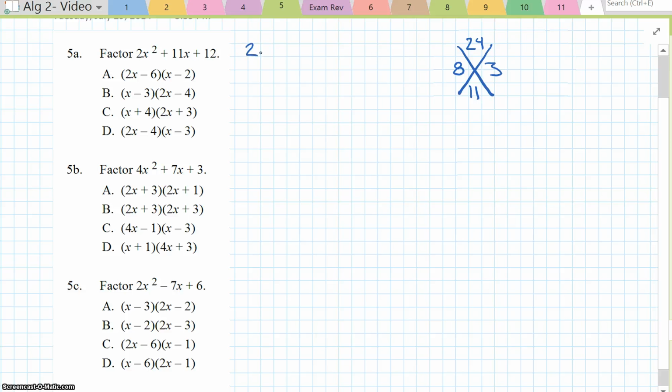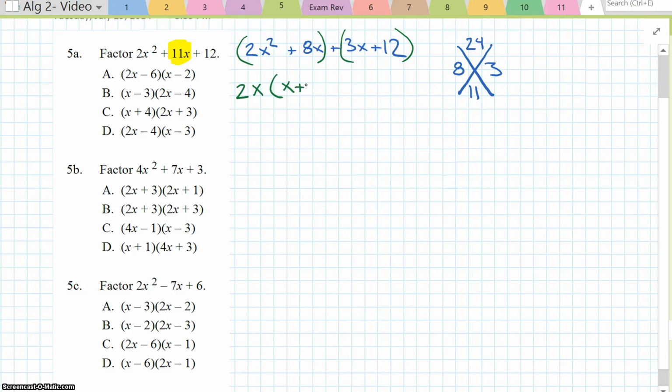Since our A value is not 1, we're going to replace the 11x with the two terms. So it's going to be 2x squared plus 8x plus 3x plus 12. Now I'm going to group the first two and the last two. What can I factor out between the 2x squared and the 8x? Correct. I can factor out a 2x.